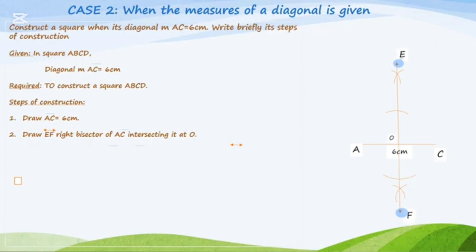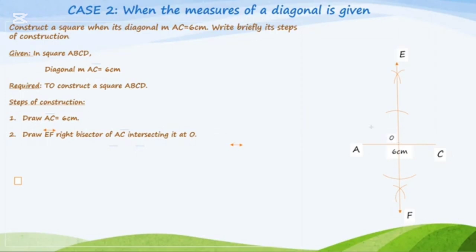There's no ending point of E and F. So we have drawn the right bisector with the two arrowheads, and in the same way in the steps of construction we have mentioned the straight line with the two arrowheads. Okay, so we have drawn the right bisector of AC, intersecting it at point O.